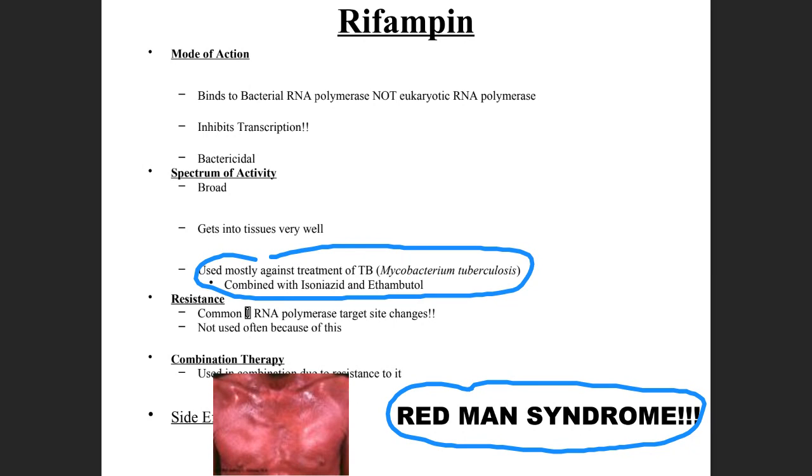Sometimes even the person's urine gets red. To avoid this from happening, if a person needs rifampin, it has to be given slowly over a longer period of time. So rather than 10 seconds or whatever, it's got to be given over like an hour or so, okay, to prevent this inflammatory reaction from happening.